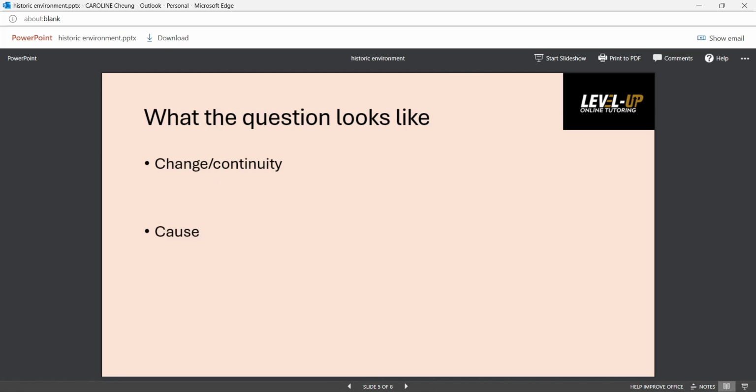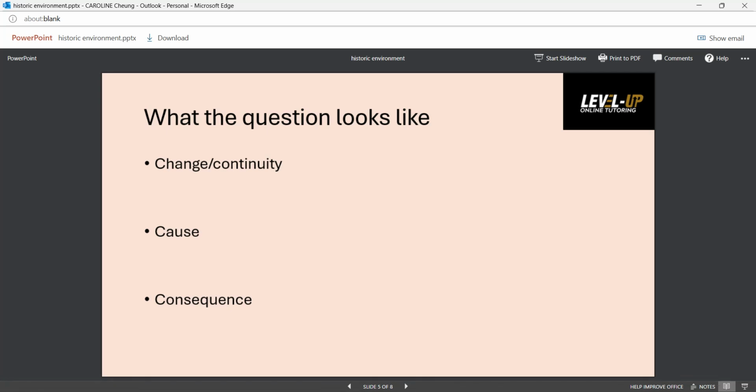They might ask you about the causes. Why was your building made? What was the owner or the designer trying to get out of it? What was the point of it? And then the other end of that, once it was built, what happened as a consequence? So what was happening as a consequence of that building being there?